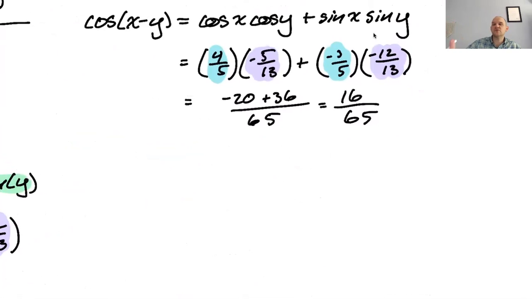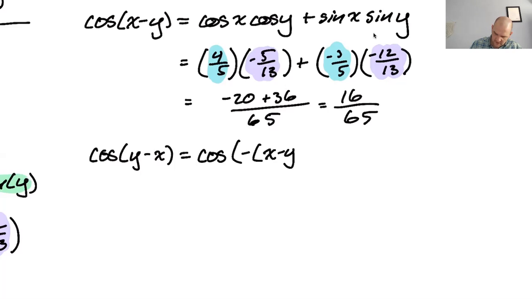Now, think about the cosine of y minus x. Smarter, not harder, right? Here, the cosine of y minus x feels really similar to the cosine of x minus y. So I'm going to say that's the cosine of the negative of x minus y. Take a negative out of everything inside the parentheses, and you get the negative quantity x minus y.